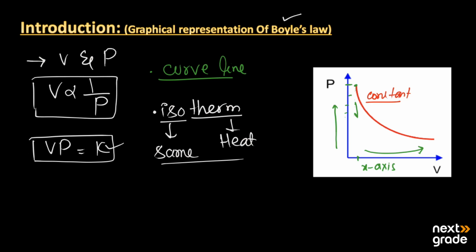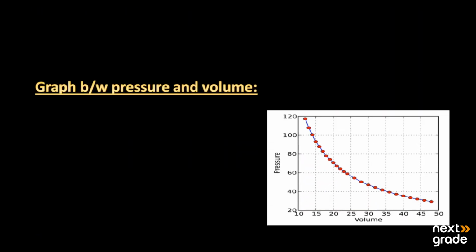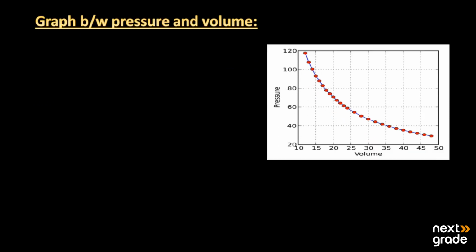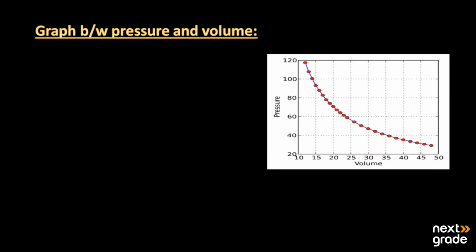Next, we can explain it in three different ways using the relationship between pressure and volume. Here we have a graph between pressure and volume, where the volume is on the x-axis and the pressure is along the y-axis.